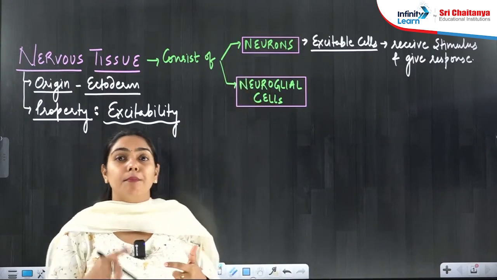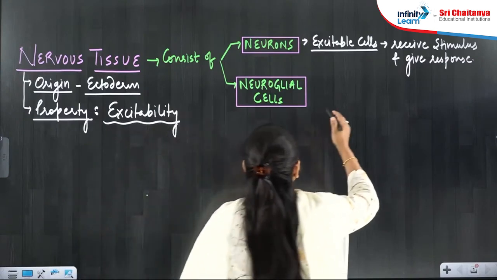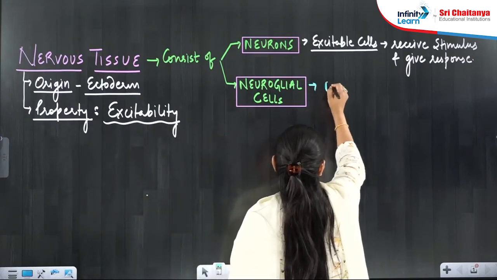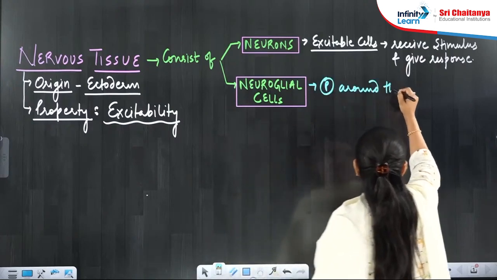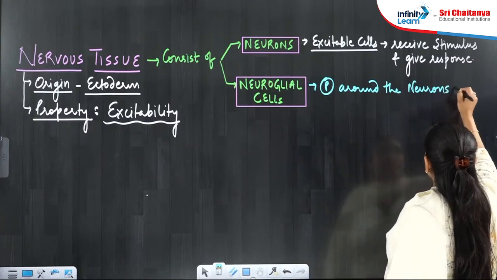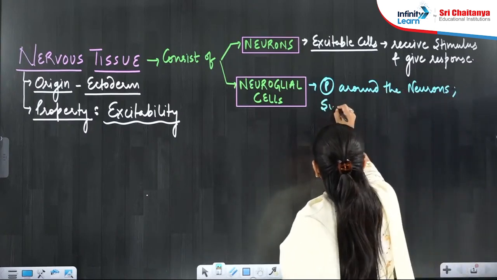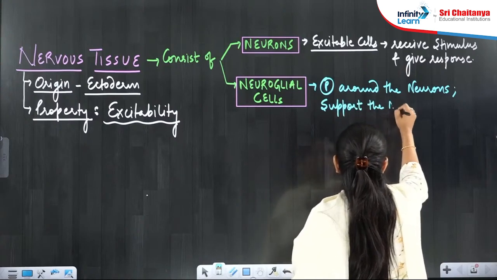Neuroglial cells make up more than 50% of the volume of nervous tissue. They are present around the neurons and they support the neurons.